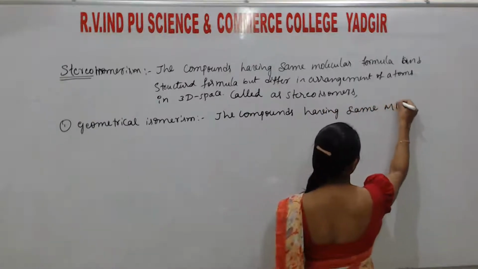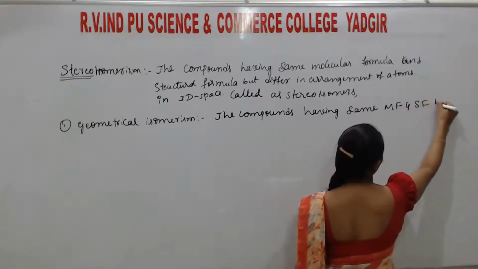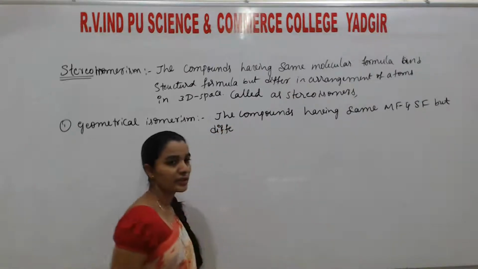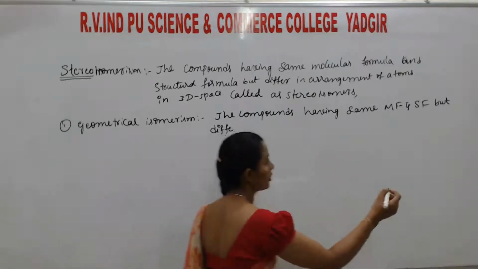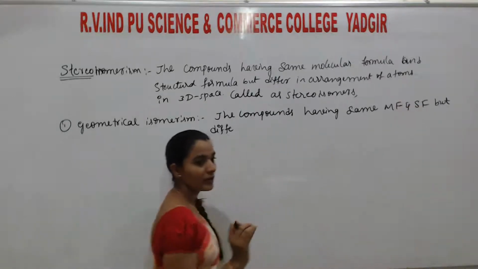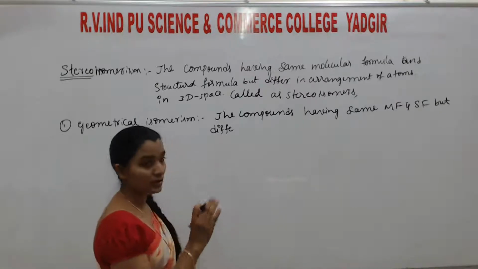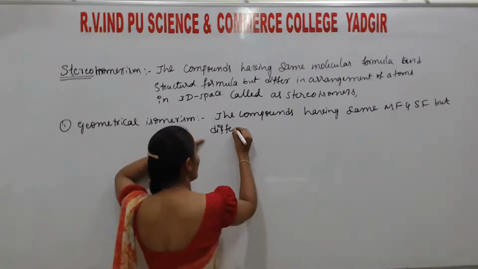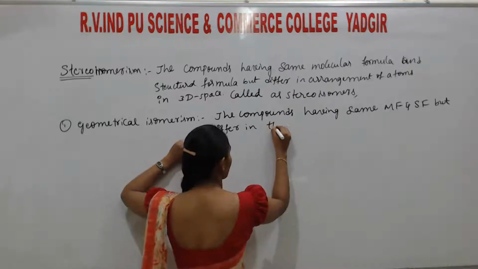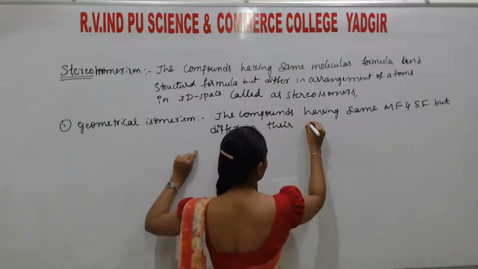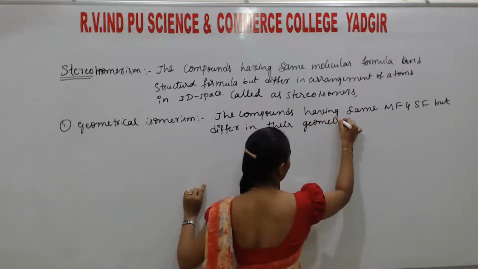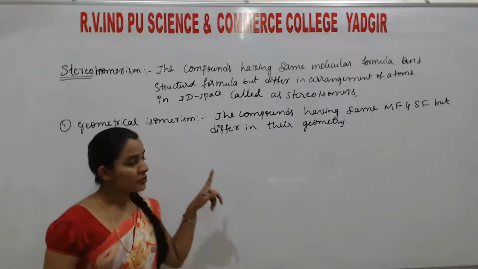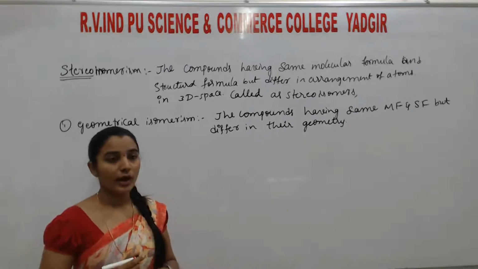I'll write here: same molecular formula and structural formula but differ in geometry. Don't write MF and SF here; complete the sentence as molecular formula and structural formula. There is a lack of space, so just write like this. The compounds differing in their geometry are called geometrical isomers, and the phenomenon is called geometrical isomerism.